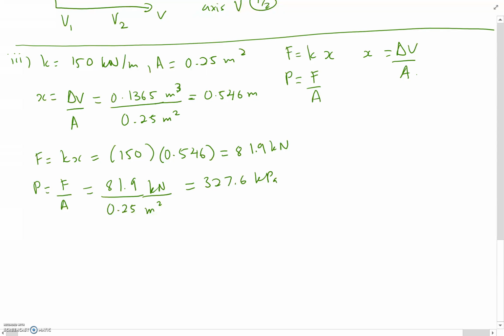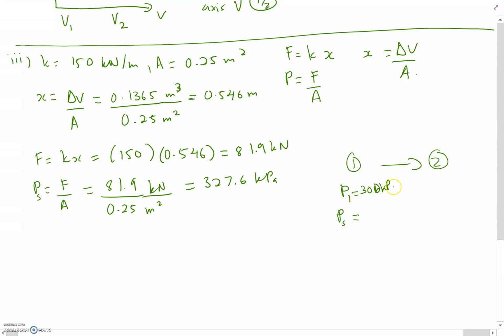Okay, with the additional spring loaded, still from 1 to 2, remember. Initially we have P1 equals 300 kilopascal, but with the additional spring, we have extra pressure, which is P spring, which we have calculated here.